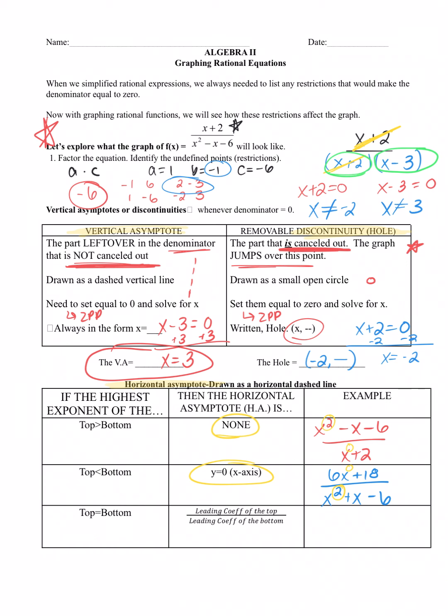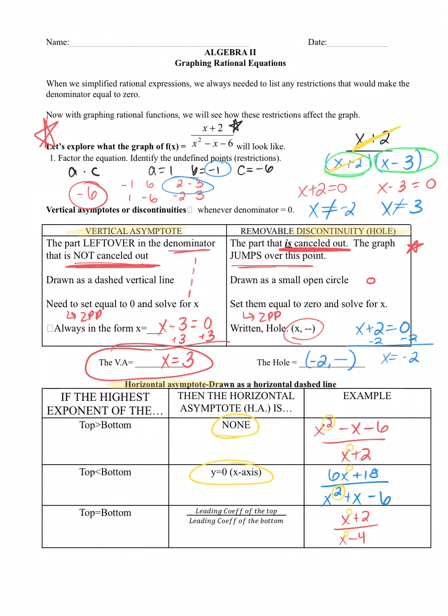The last type of horizontal asymptote we can have is when the exponents are the same on the top and the bottom. An example of this would look something like (x + 2) all over (x - 4), where our exponents are the same. In that case, our exponents would both be 1.